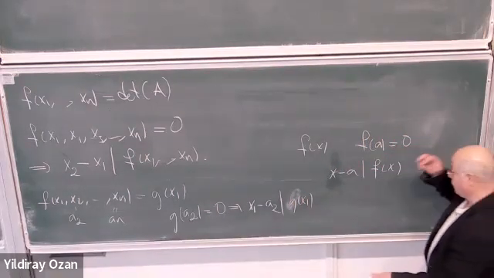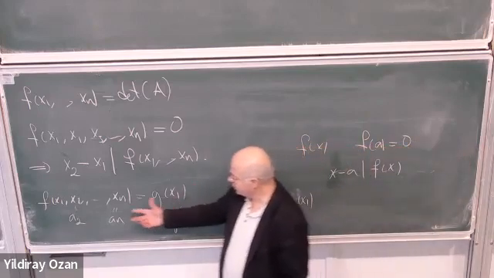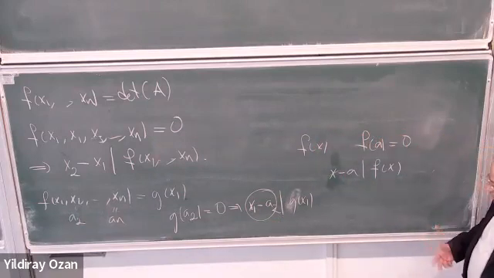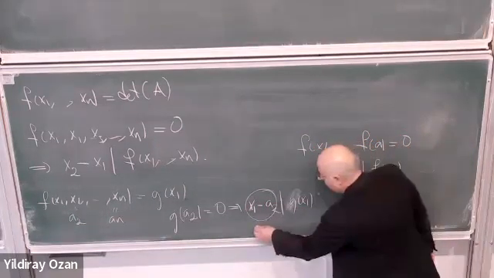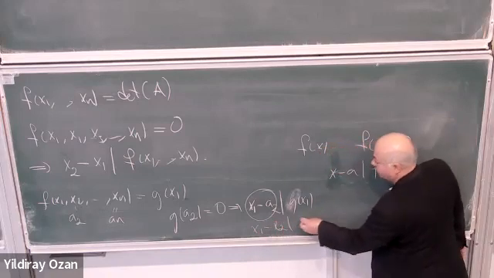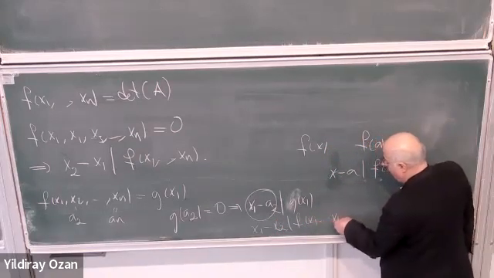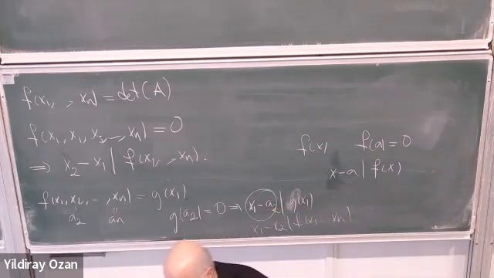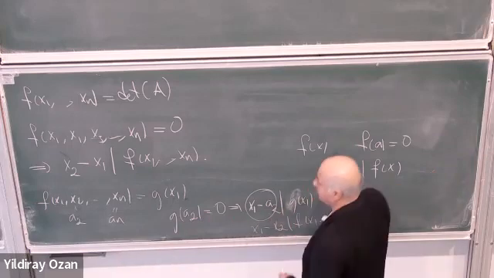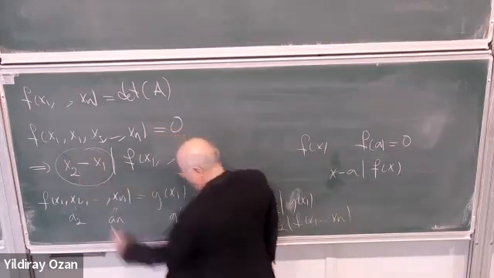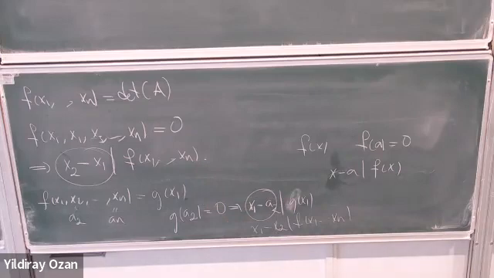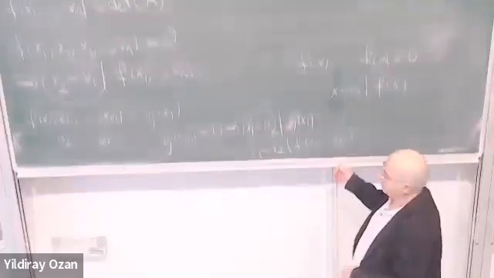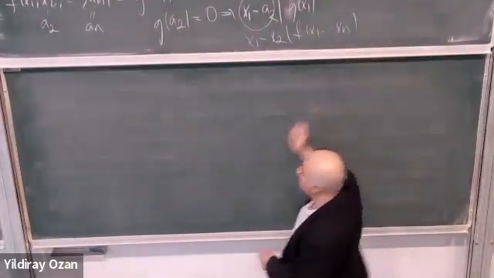Okay, but what does this mean? g of x1 is nothing but this polynomial, and this guy just divides it. So this means x1 minus x2 actually divides f of x1 up to xn. So this way we see that this guy divides this polynomial.